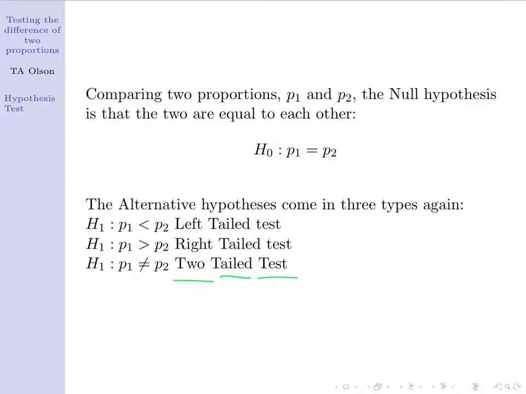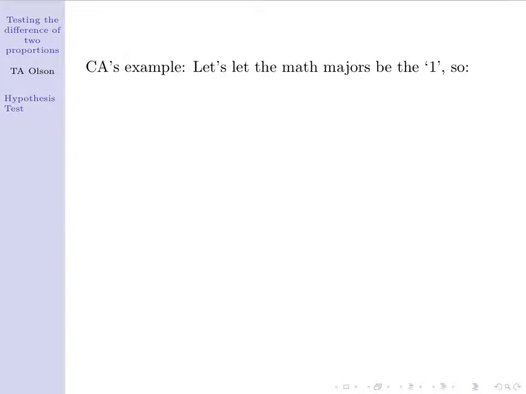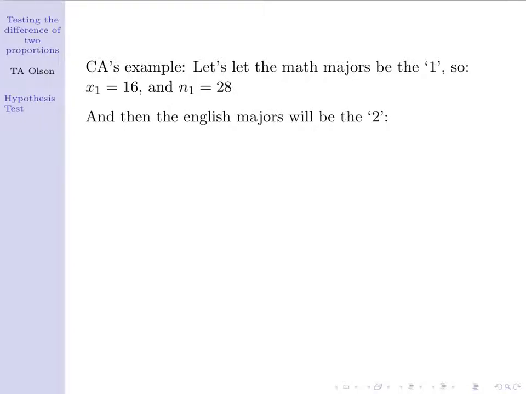So let's look at Chifaru's example. In Chifaru's example, let's let our math majors be our ones. Since the math majors are our ones, we have 16 yeses. That's what we've been using x's for our proportions for a while now. We have 28 math majors, so that's our n. And if the math majors are the ones, let's call the English majors the twos.